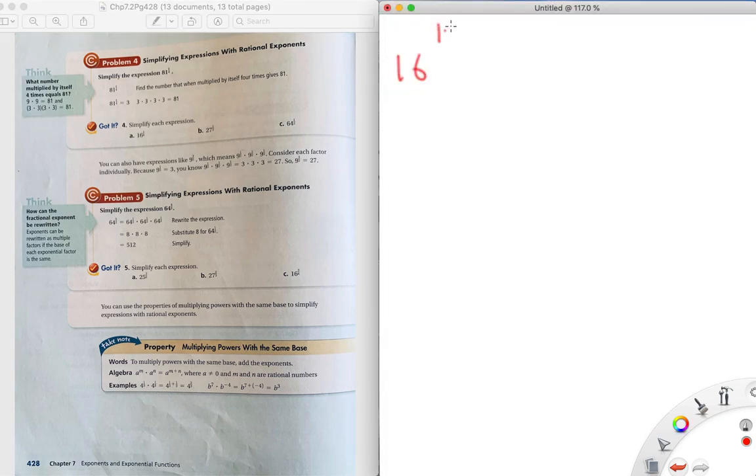16 to the 1/4 power, so we're dealing with exponents that are fractions. When you look at the denominator of an exponent that's a fraction, this number 4 is asking you: what number, if I multiply it 4 times, gives me 16?